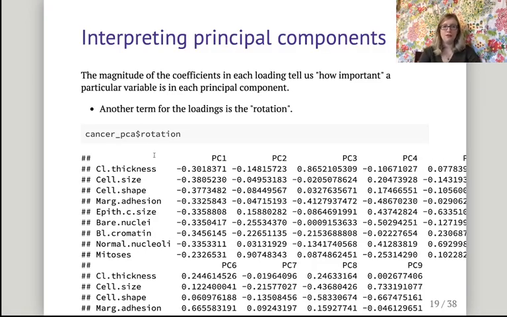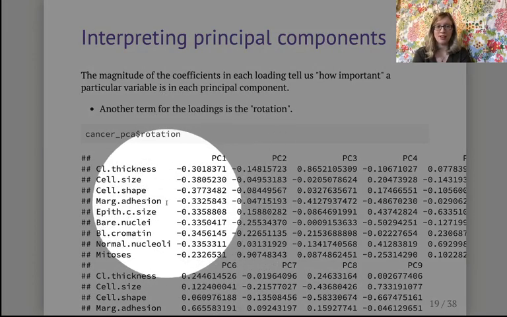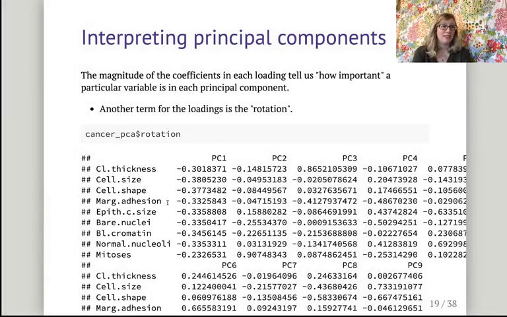Looking at the first principal component, all of these variables have about the same magnitude. All of them are contributing about the same. So it's really difficult to distinguish in that first principal component what variables are really making a difference. The first principal component can best be interpreted as just a little bit of everything, everything's important.